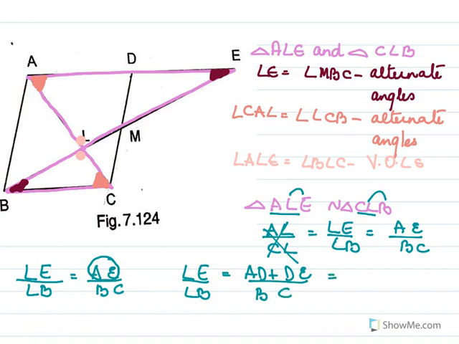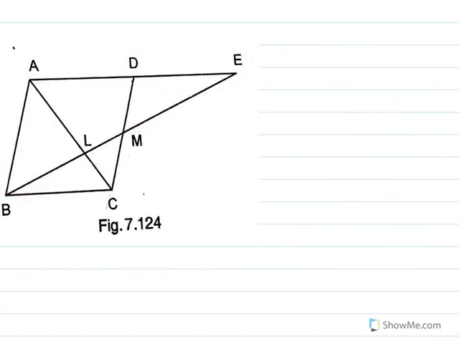Now DE is also equal to AD, and why is that so? We know BC equal to AD, opposite sides of parallelogram, and we also know that BC equal to DE by CPCT.